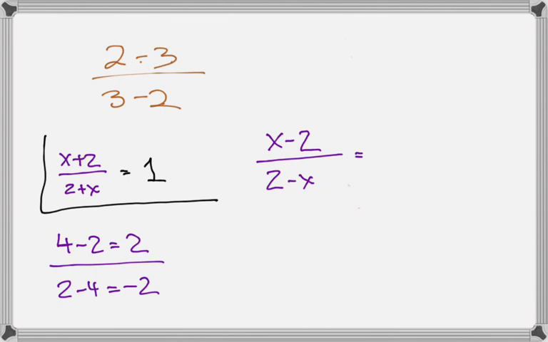Does that hold true for subtraction? No. So let's take a look at 2 minus 3. What is 2 minus 3? Negative 1. What's 3 minus 2? Positive 1. So here's something you've got to remember. When you have a difference or subtraction, and the order is reversed, that always reduces to a negative 1.